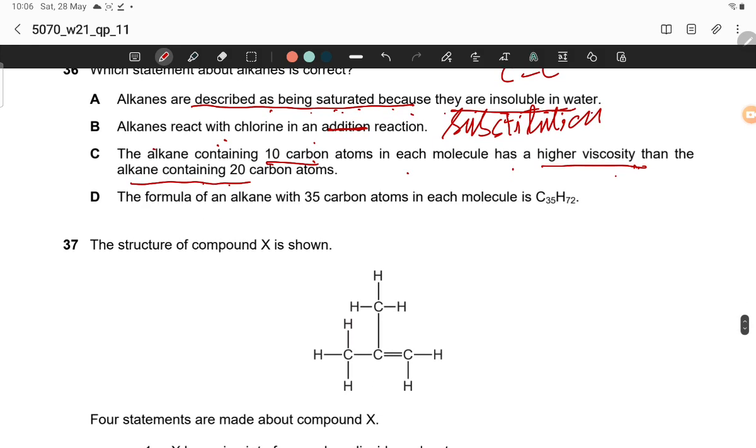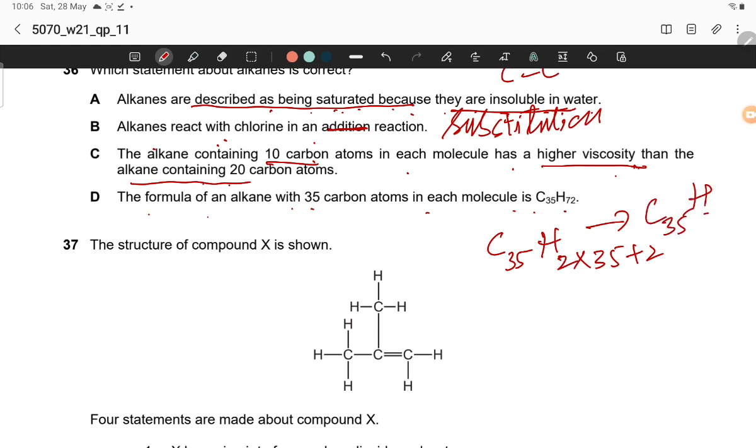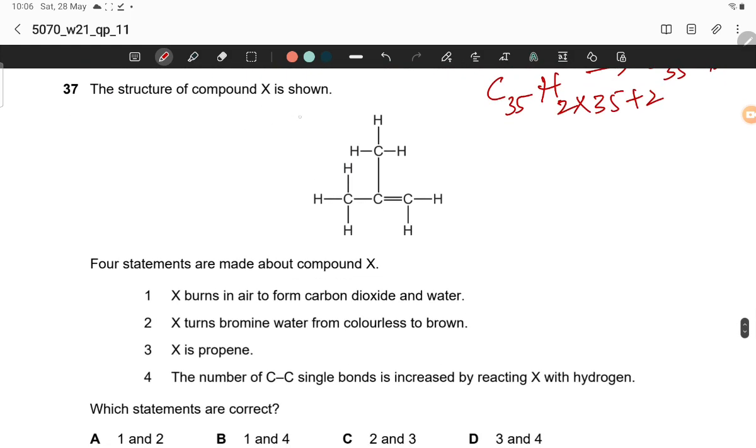The formula of an alkane with 35 carbon atoms in each molecule is CnH2n+2, so 2 times 35 plus 2 is 72. So this is the correct statement because the formula is C35H72. D is correct.